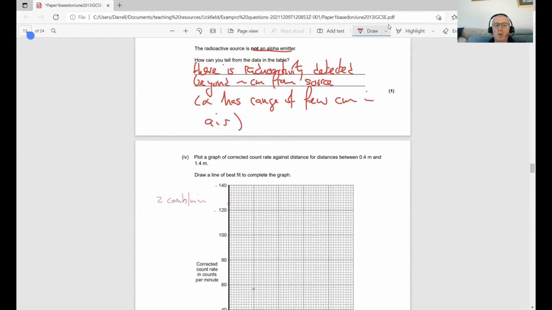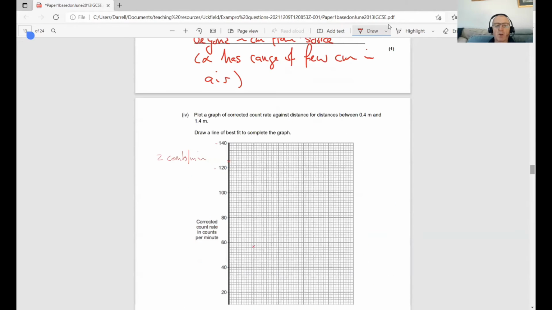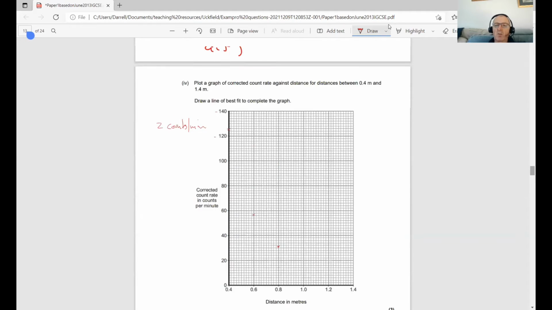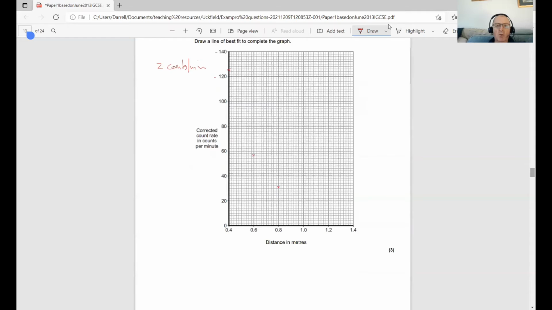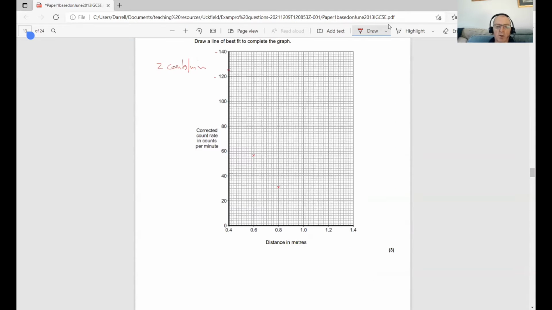And the next one, we have 0.8 and 31. So 0.8 and 20, 22, 24, 26, 28, 30, 31 would be there. Remembering that you have to plot these within half a small square tolerance. Your examiner will allow you half a small square, plus or minus. So that was 0.8. 1 is 20.